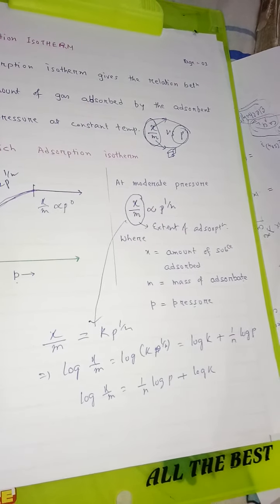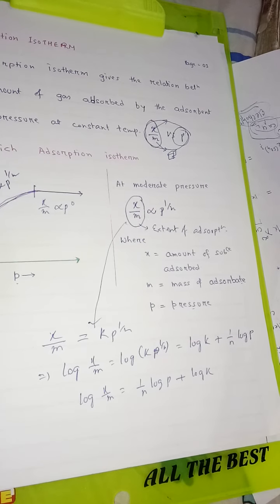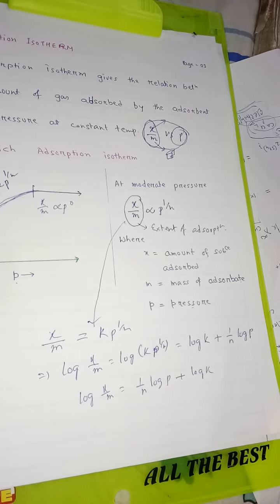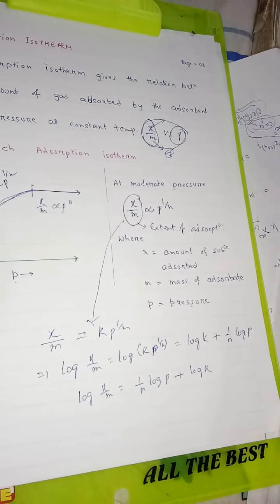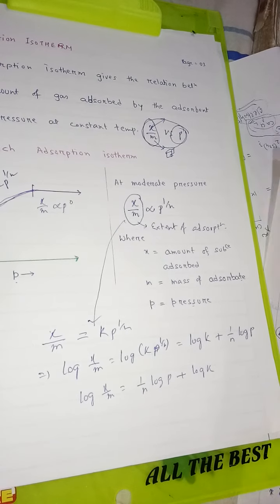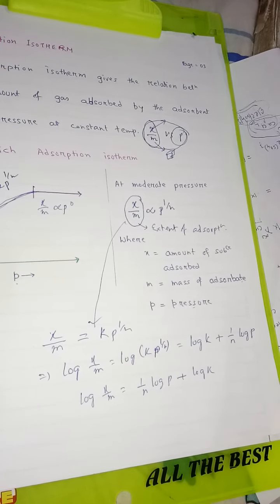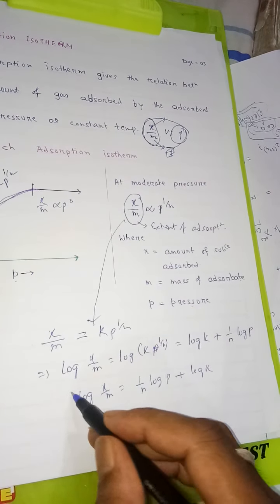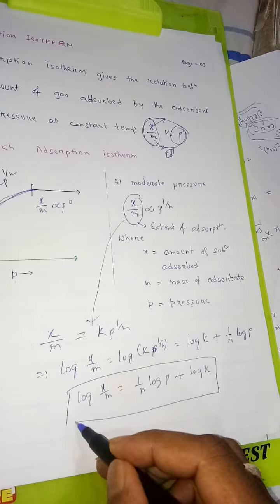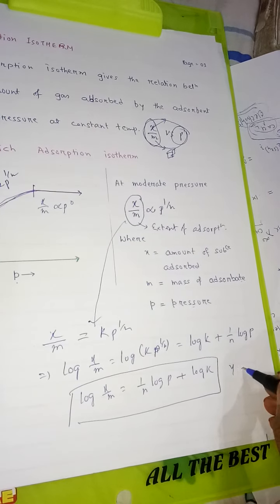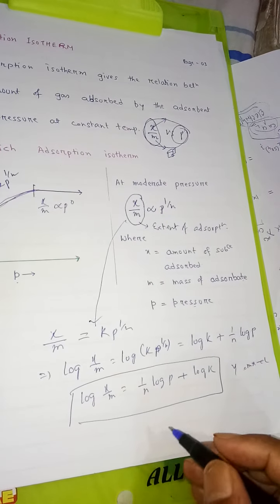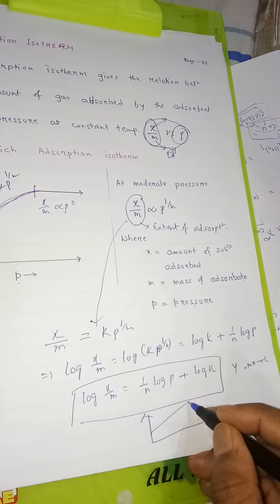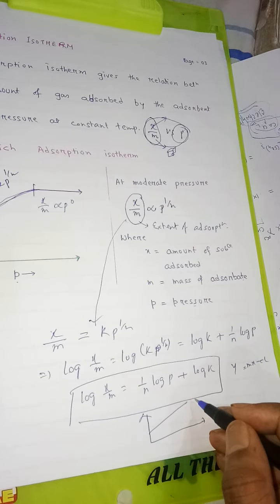So this equation becomes y equals mx plus c, and we can also draw the graph. If we draw that y equals mx plus c graph, it should look like this.